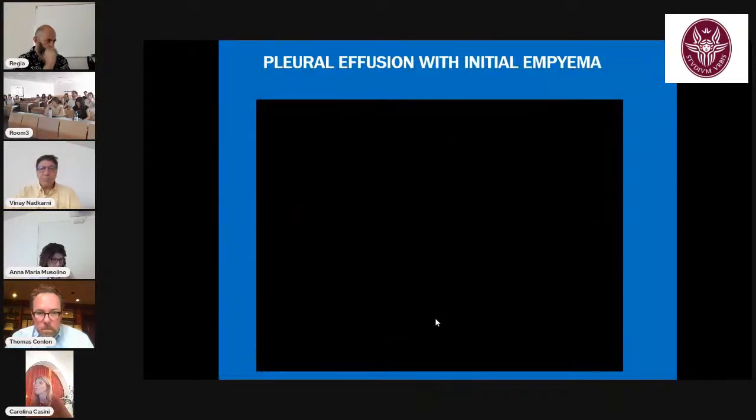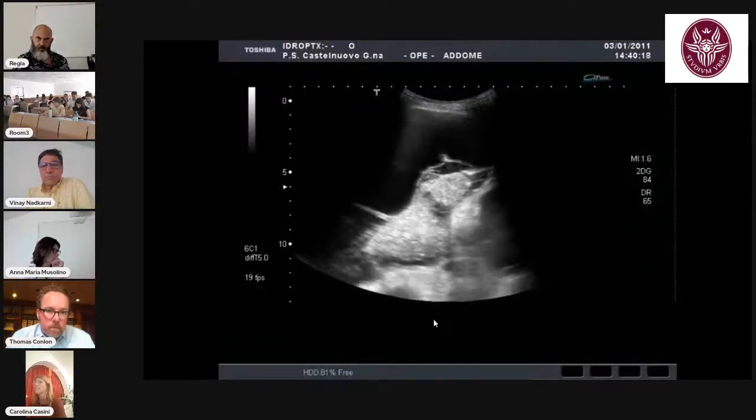Another useful tool is to evaluate how the effusion is changing in time, because if we see the signs of initial empyema with the fibrin strands inside the effusion, this means that it's time to do the drainage, because this effusion is turning to empyema, and this we can see in this image.